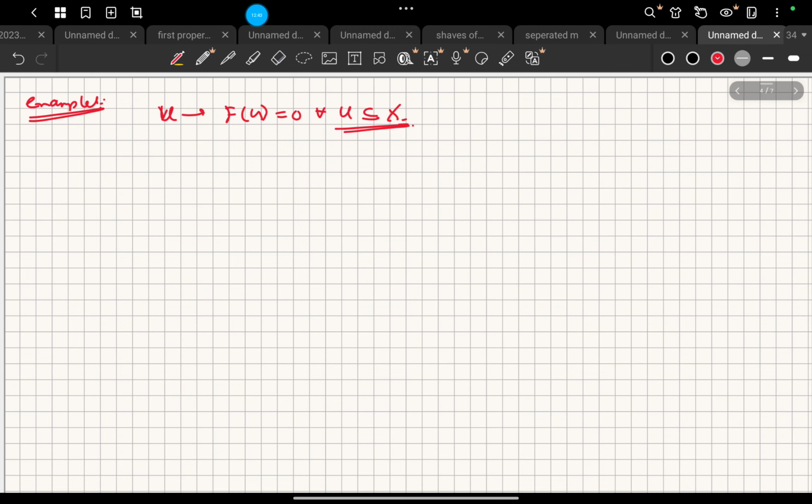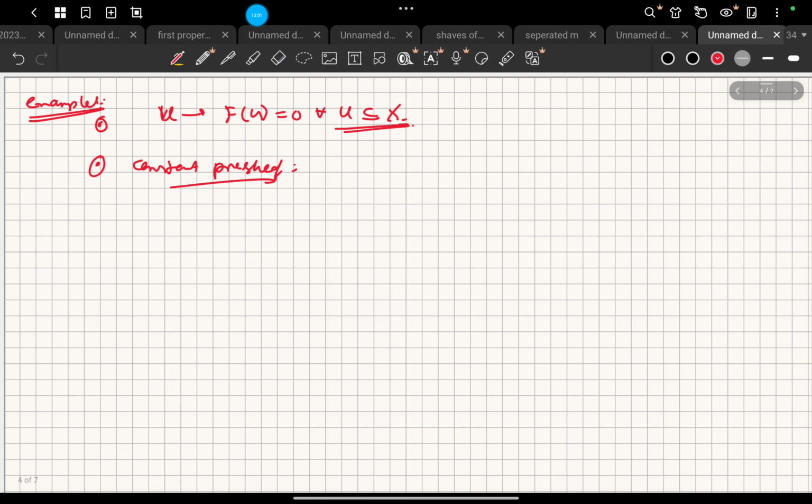So it is of course a presheaf, right? Or let's say any constant sheaf. Sorry, not sheaf, constant presheaf.